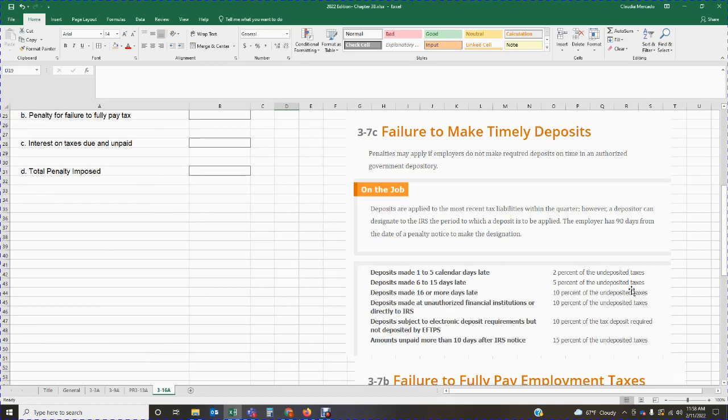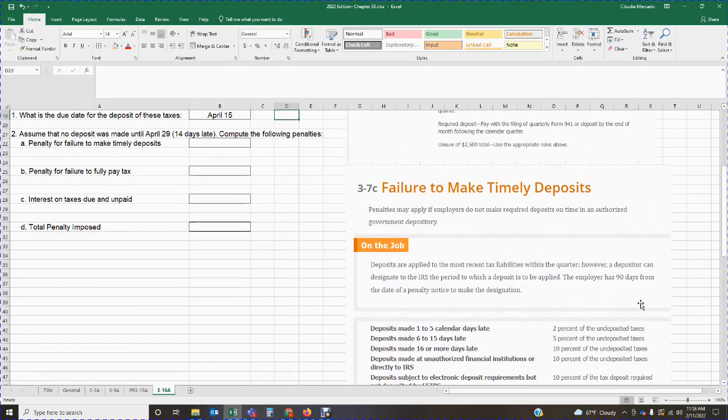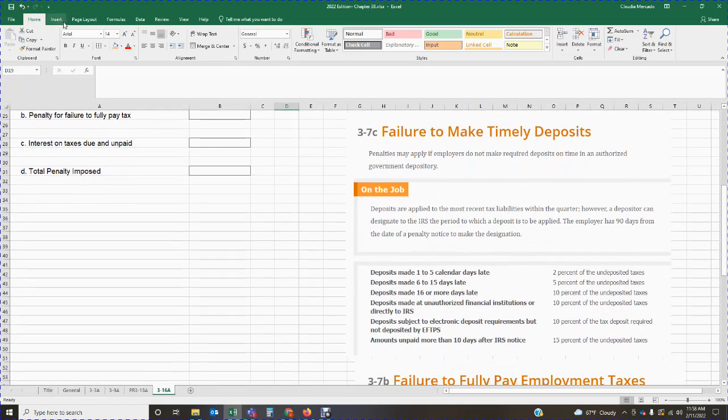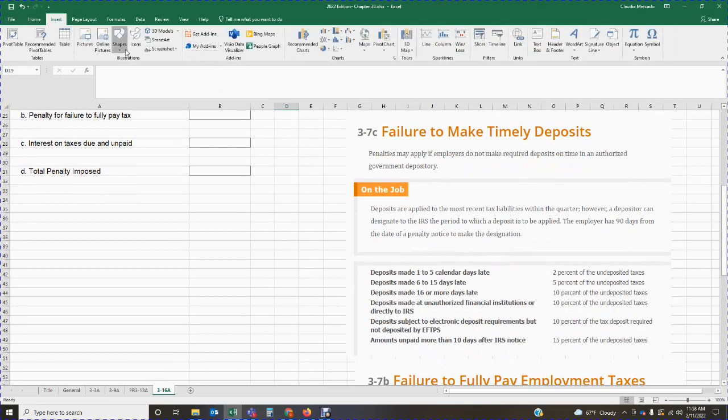It gives you information and outlines, depending on the number of days you were late, how much you are going to pay for that particular penalty. In this case, we were 14 days late, so we are going to locate that information.